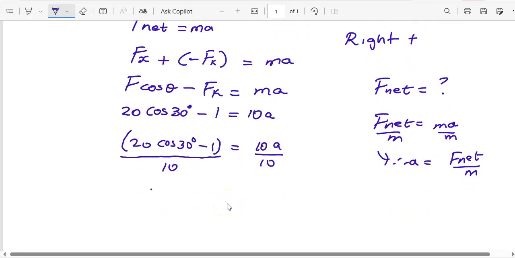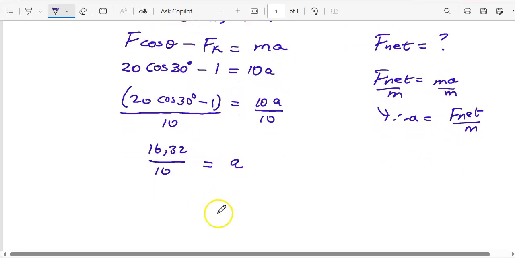So we have 16.32 divided by 10, which will give us the acceleration. So now acceleration will be 1.632 meters per second squared.